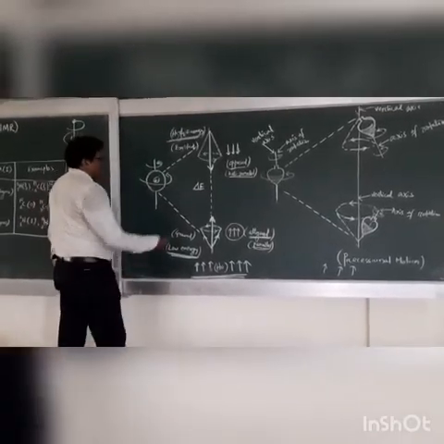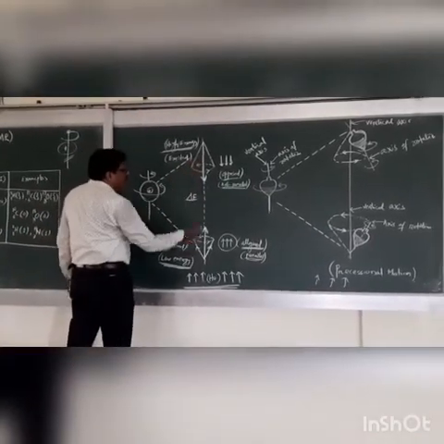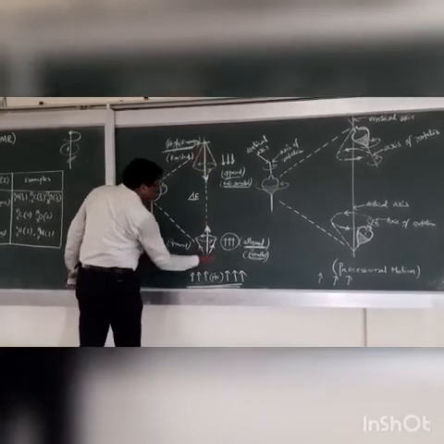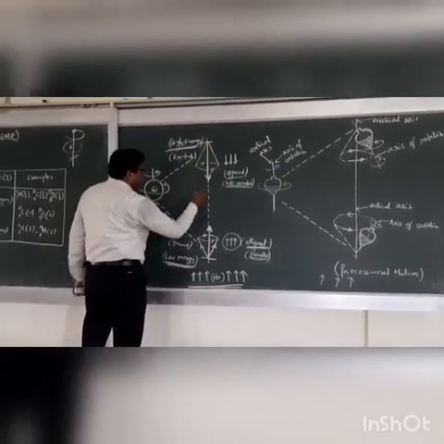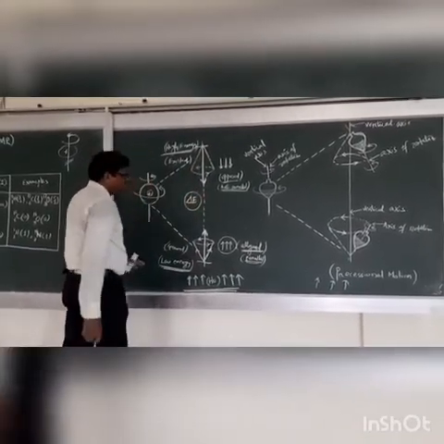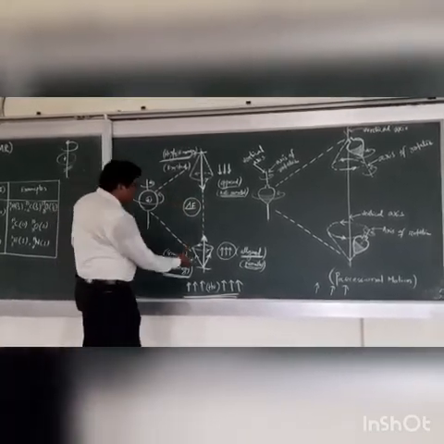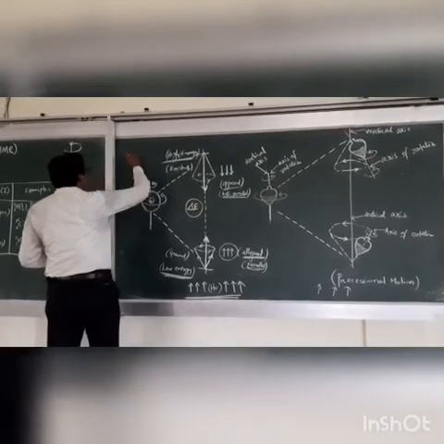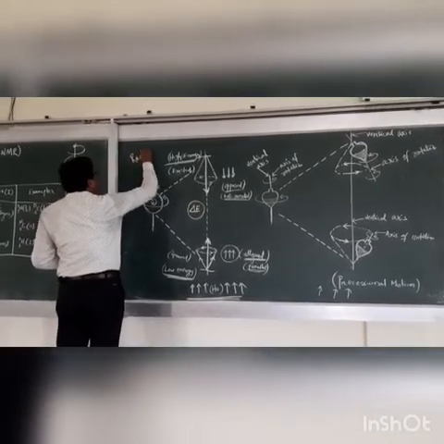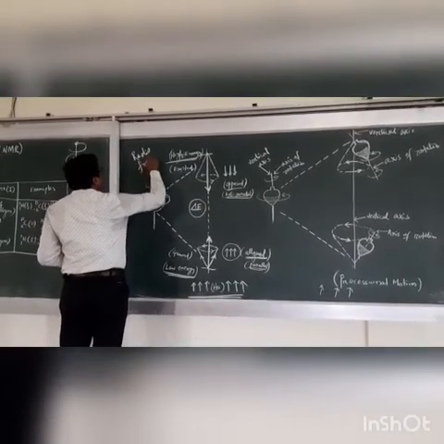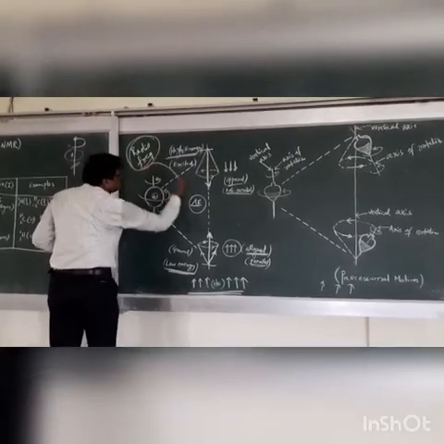Now the energy difference between the ground state and excited state is delta E. This energy difference comes in the radio frequency range.